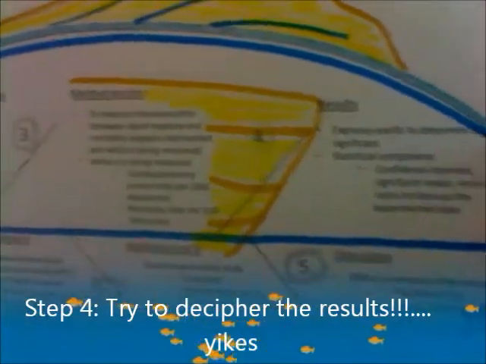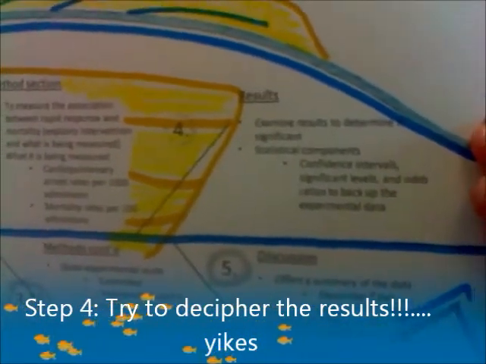That brings us to the results section, which is normally the hardest part to read and understand because it has a lot of statistics, and we're not very good at that, as evidenced by our last class. That's where the results are examined to determine if there's significance, and different things that you're looking for include confidence intervals, significance levels, and odds ratios.